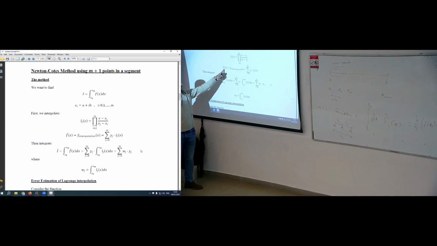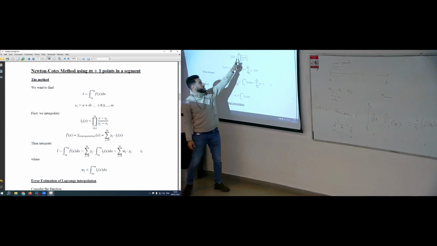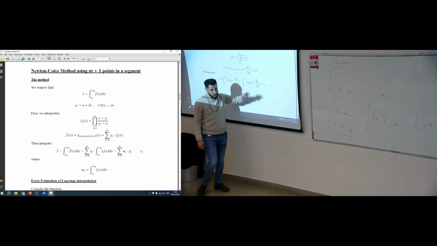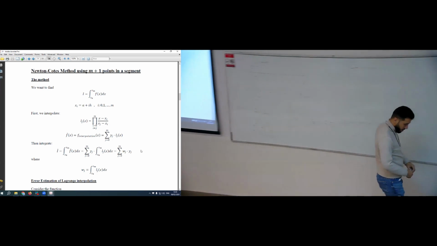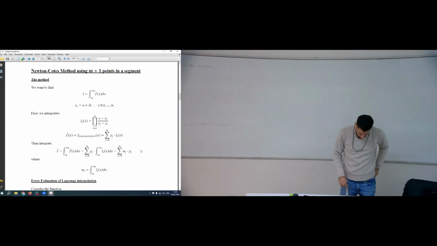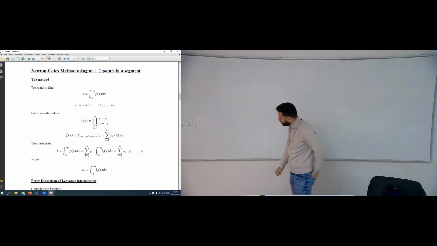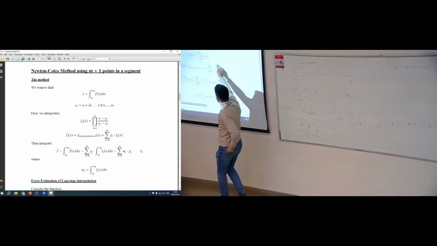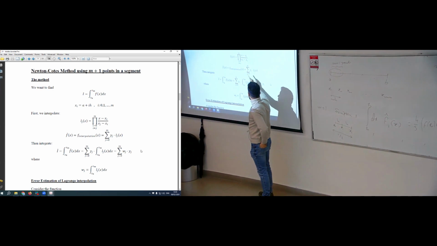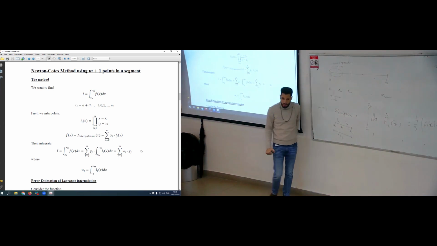And our interpolation is the sum of these polynomials multiplied by the values of the function at the x's respectively. So this is a polynomial of order n that equals y_j at each x_j.